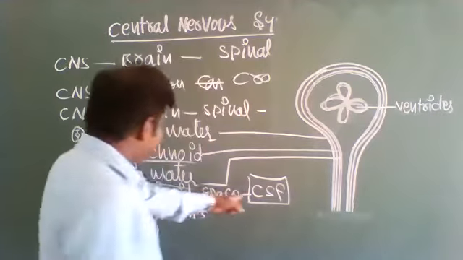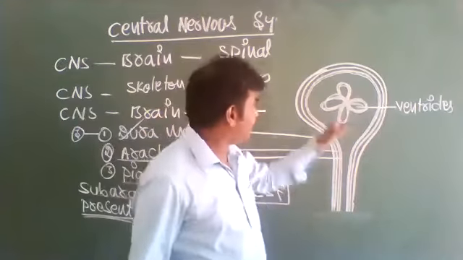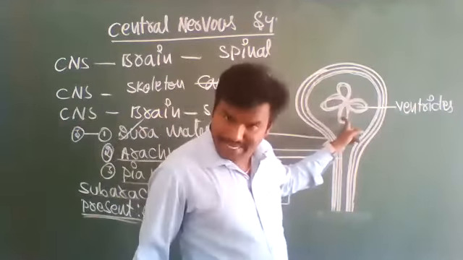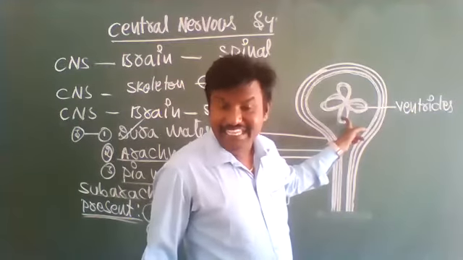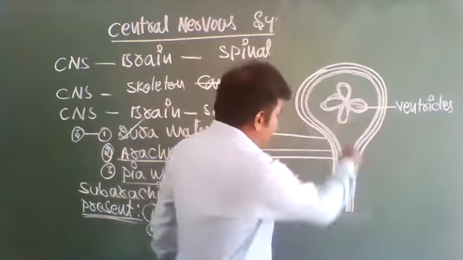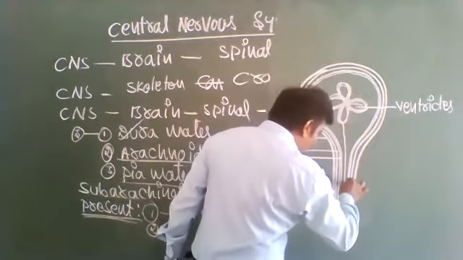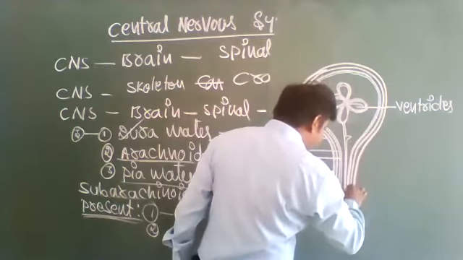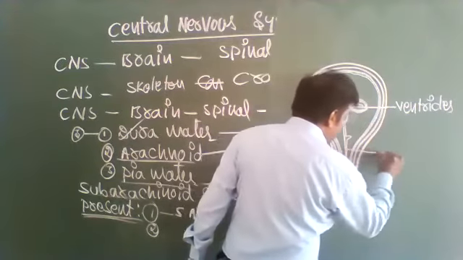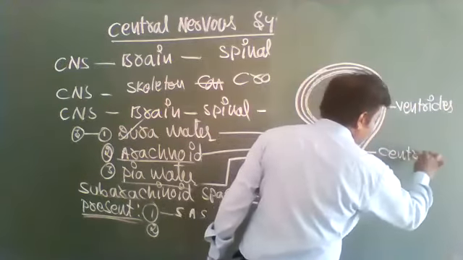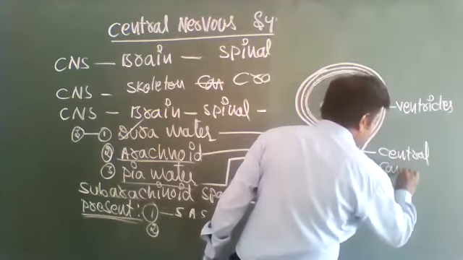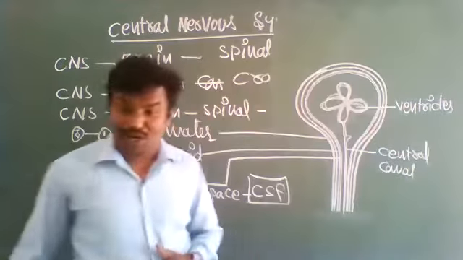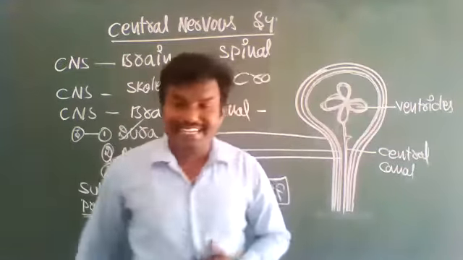So, cerebrospinal fluid is also present in the ventricles of the brain and the central canal of the spinal cord. From here, a central canal is passed. So this is the central canal of the spinal cord. These 4 are ventricles.